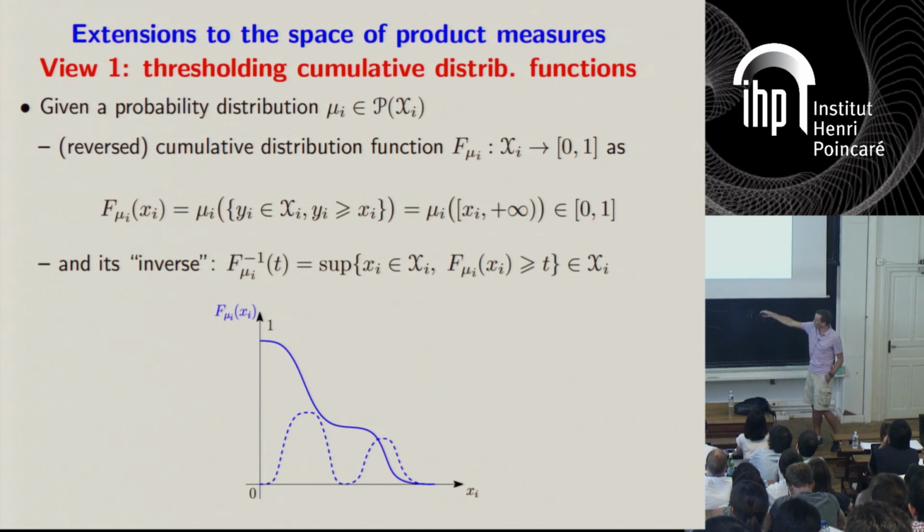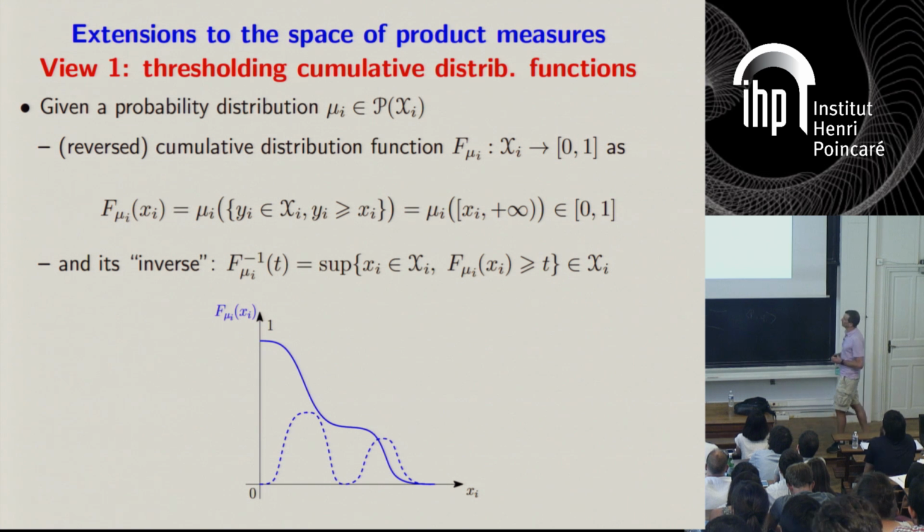Plotted in 1D, if in dotted you have the PDF, the density of xi, this is the cumulative distribution function, which always goes from 1 to 0. It's always decreasing, because this is taking the measure of smaller and smaller sets. When xi is infinity, you get the measure of the empty set, so you get 0. And when xi goes to minus infinity, you get the measure of the full set, so you get 1.